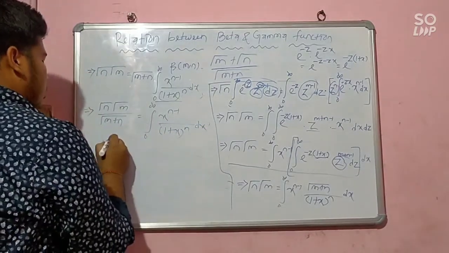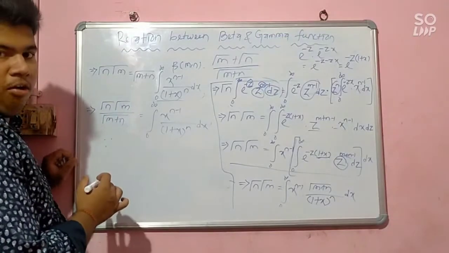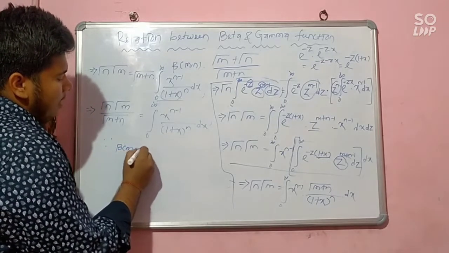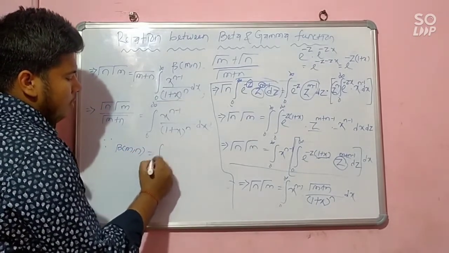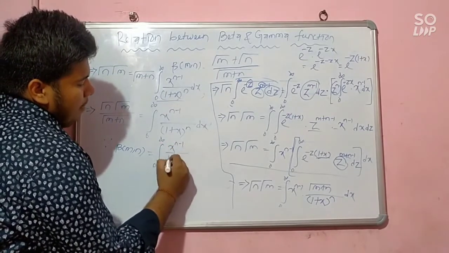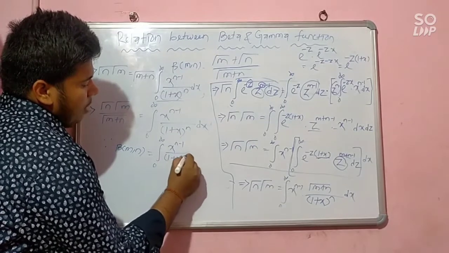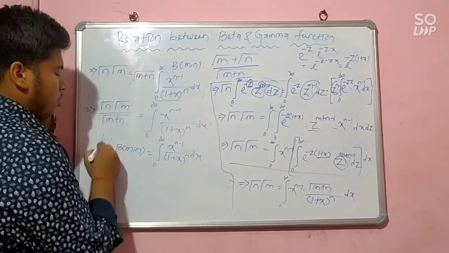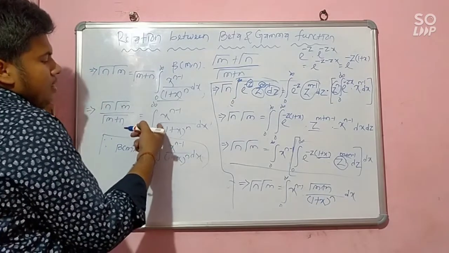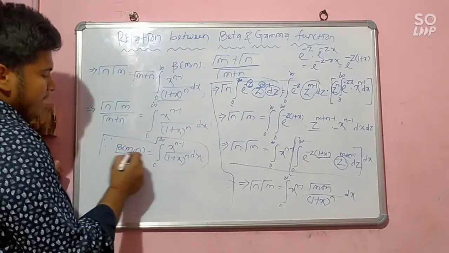As we know, by the property of beta function, beta m n is equal to the integral from 0 to infinity of x to the power n minus 1 by 1 plus x to the power n dx. So in place of this term we can write beta m n.